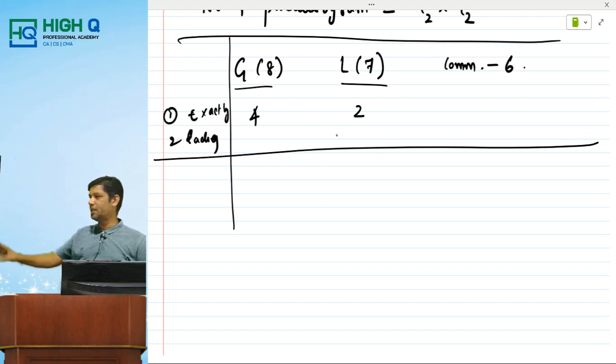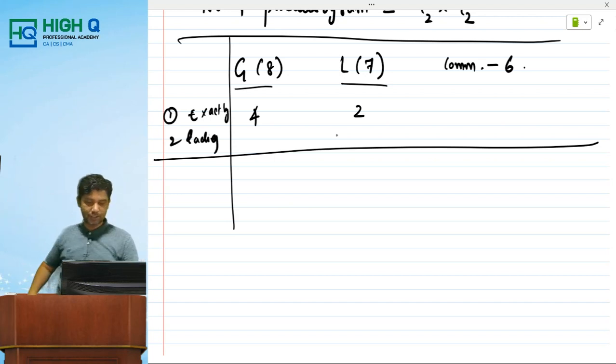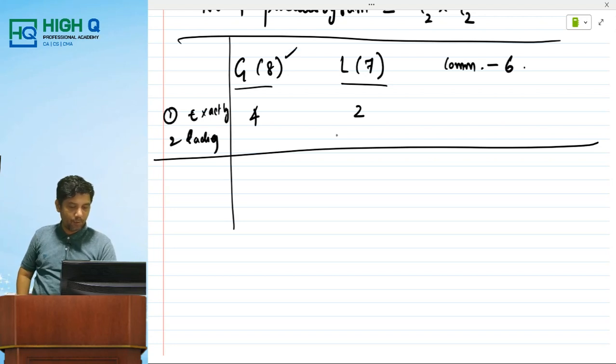What is the combination? 4 gentlemen, 2 ladies. Which 4 gentlemen, I don't know, but 4 gentlemen and 2 ladies is the combination. Out of 8 gentlemen, we need to choose 4.